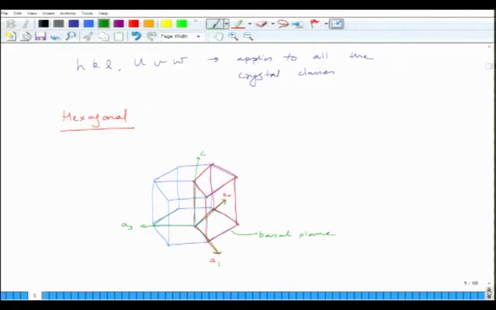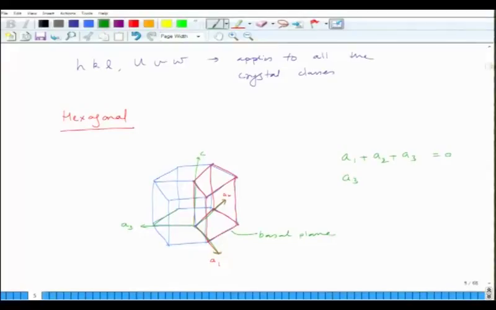By symmetry A1, A2, A3 are related to each other. A1 plus A2 plus A3 is equal to 0, because they close each other. So basically A3 will be minus of A1 plus A2.